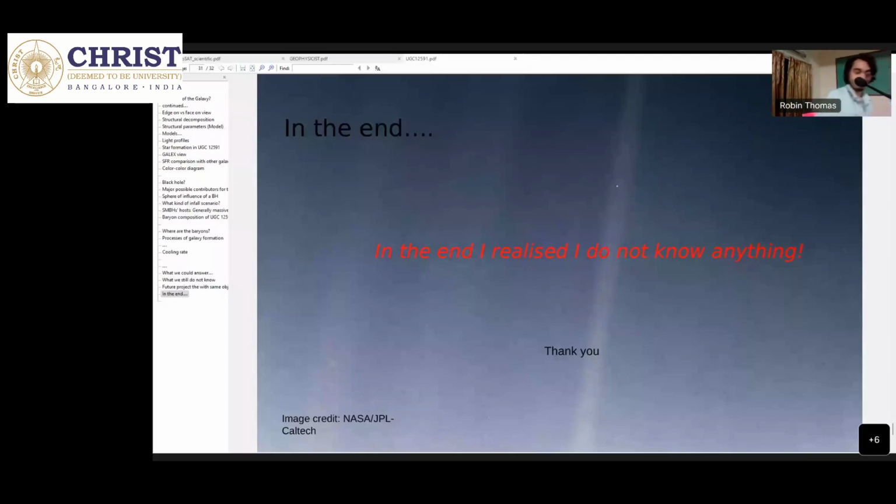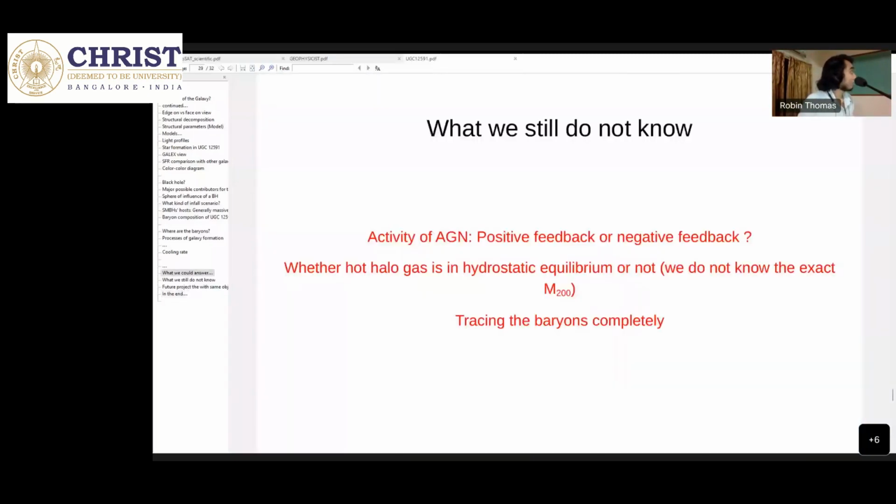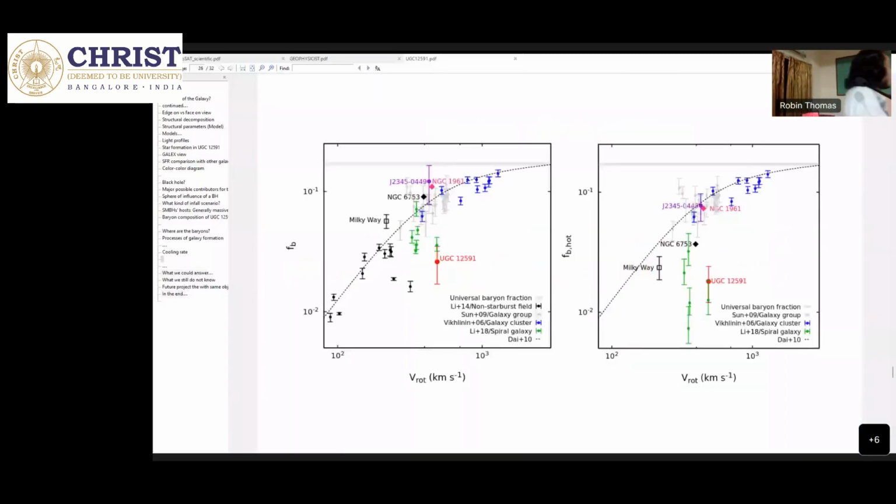Going back one or two slides, here that green symbol is spiral galaxies. It is very surprising that it is falling below the green. What is the reason? If it is a lenticular, it is somewhere above the spiral, but here it is lower. Is there any peculiarity for those spirals? Did you check that?